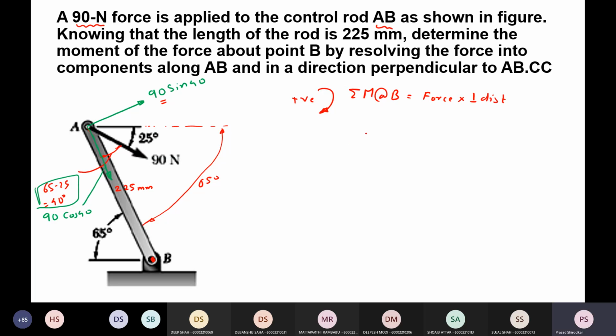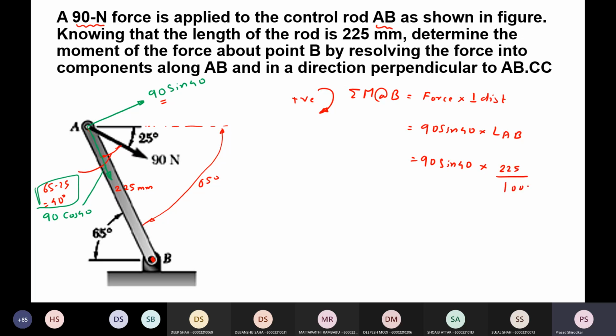So summation M about B is 90 sin 40 into length of A. That is 90 sin 40 into 225 divided by 1000.